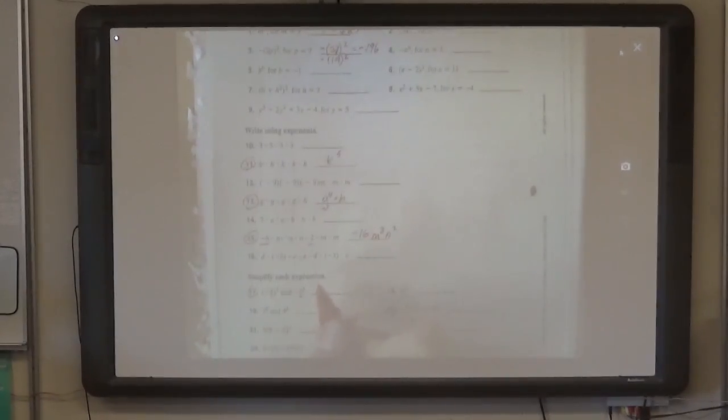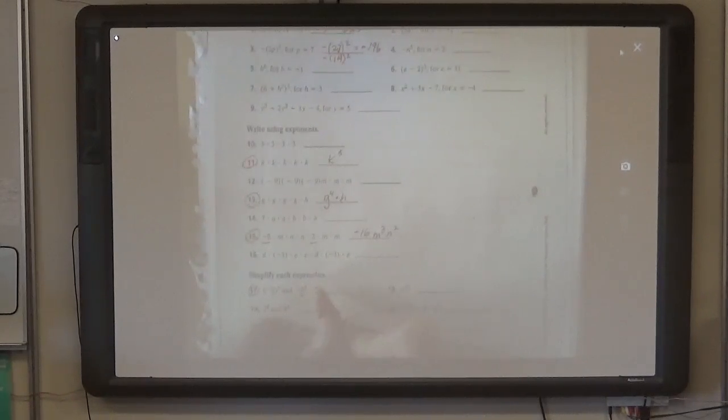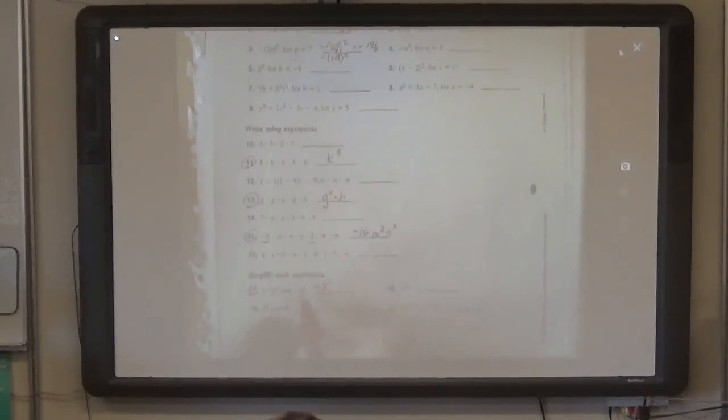So this is negative 2 times negative 2 times negative 2, which happens to be negative 8. And this is negative 2 times 2 times 2. In this case, because that's an odd number, they're both negative 8.